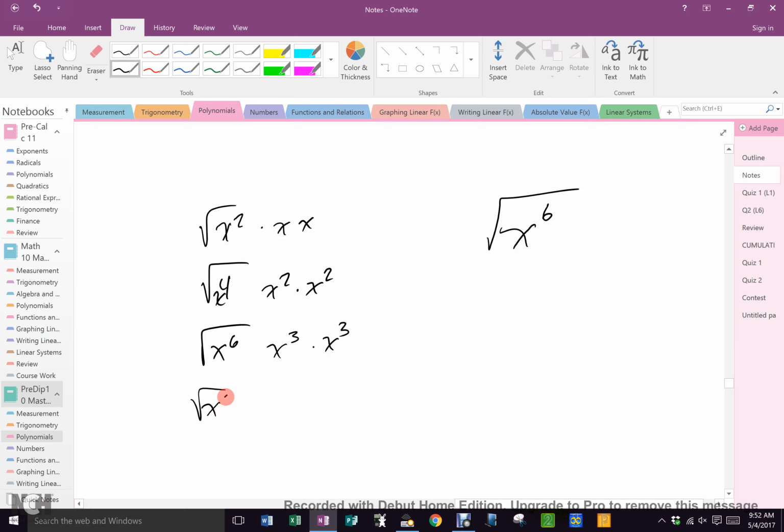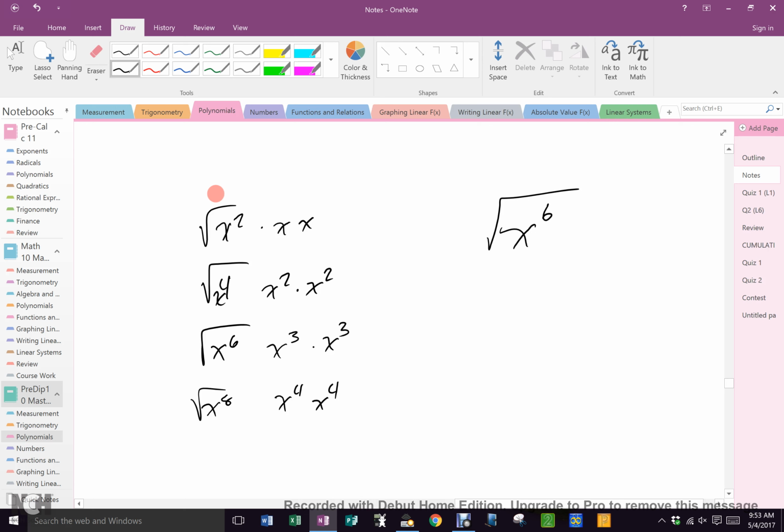What's the square root of x to the 8th? X to the 4th, x to the 4th. So I'll ask again. What is it about an exponent that makes you know you can get a square root out of it? Did all of these have square roots?